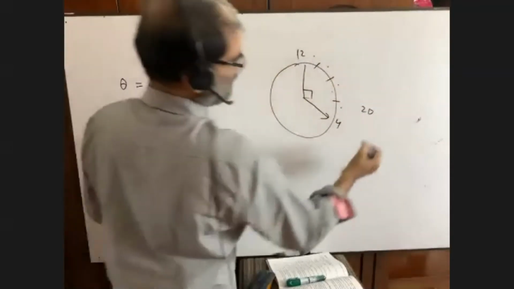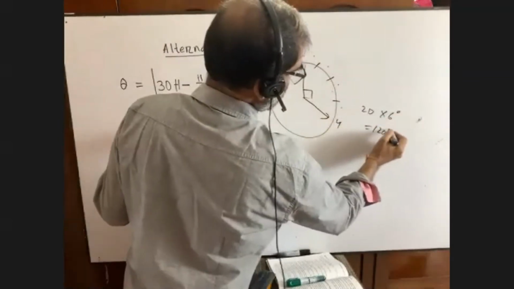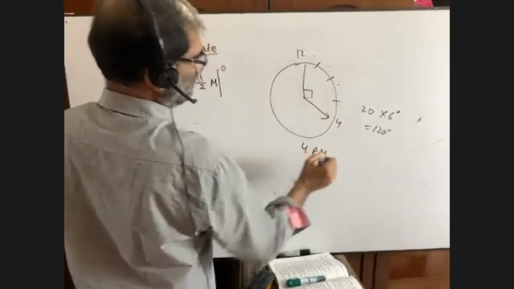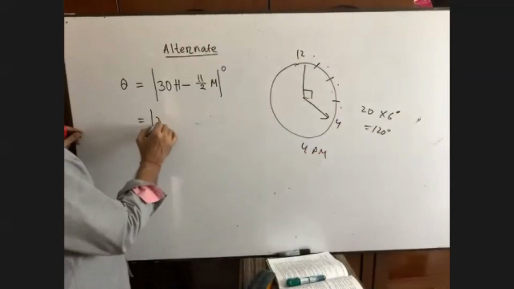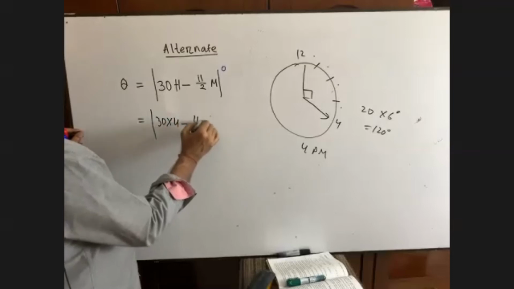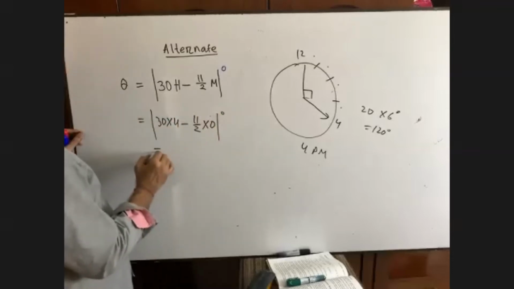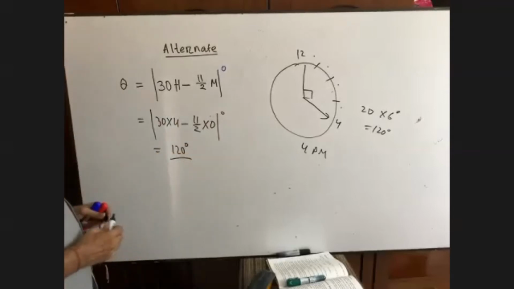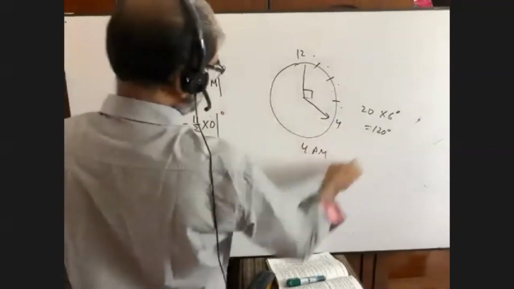So 1 division is 6 degrees, and 20 divisions make 120 degrees. Since it is 4 p.m., you put the value here: 30 into 4 minus 11/2 into 0. There is no minute at 4 p.m., so we are getting 120 degrees. Is it okay? You have seen that it is also 120 degrees.